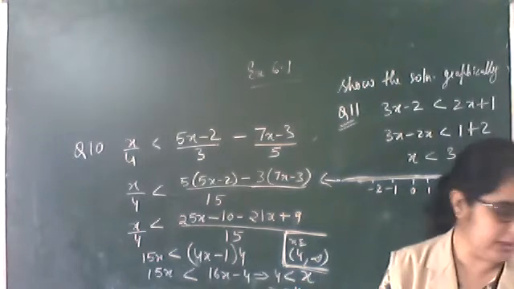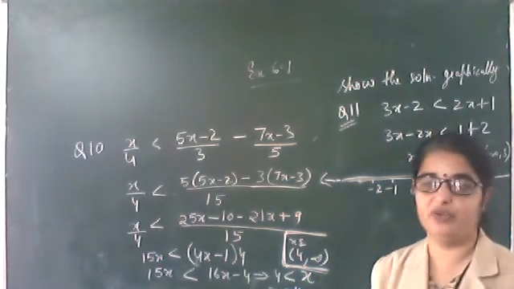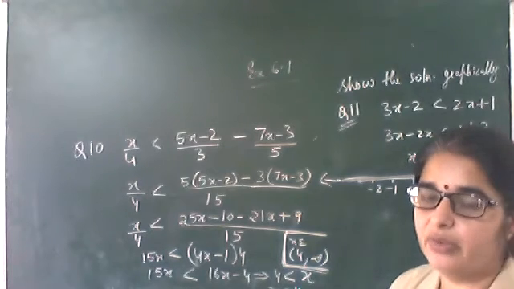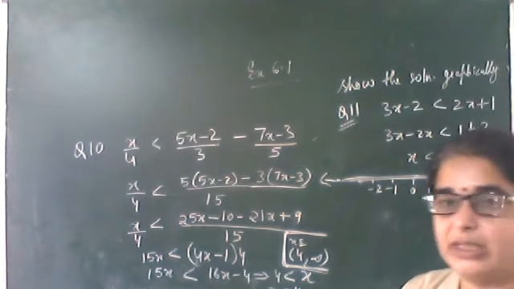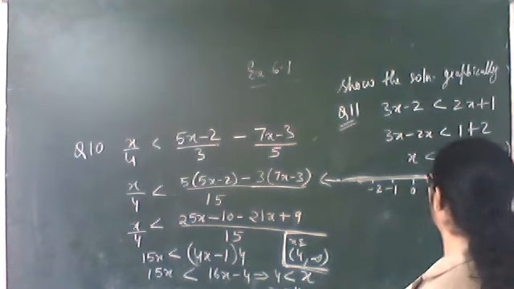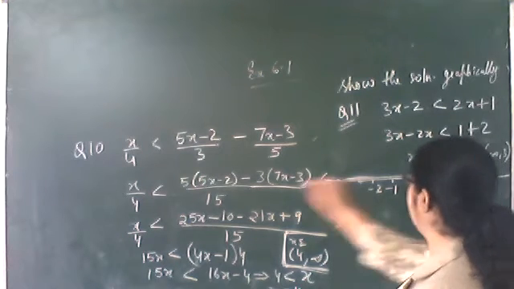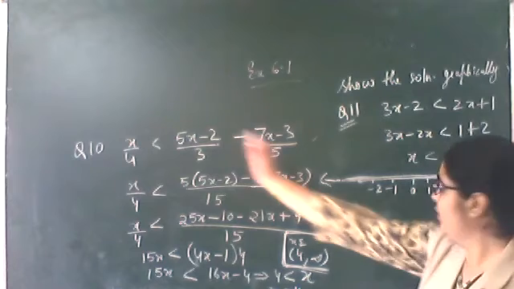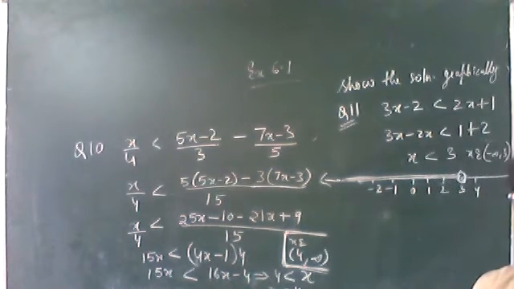You can show it with the help of some other color pen, or a colored pencil, when your exams are there. So here will be a circle and the rest all. Clear? All the numbers less than 3.